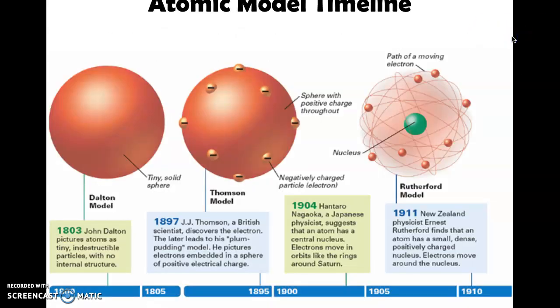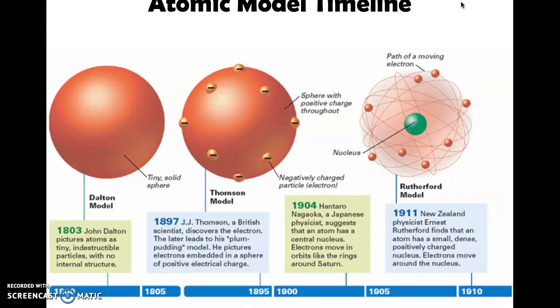All right, see if I can go forward here. Okay, so the atomic model timeline goes as follows. Back in 1803, you had John Dalton, and Dalton's model basically said that atoms were this tiny, solid, spherical shape, right? They were indestructible, no internal structure. We move on about 90 years roughly, and you have J.J. Thomson's model.